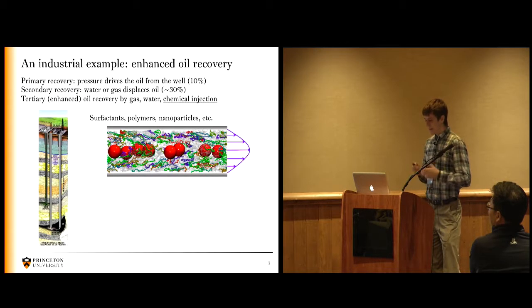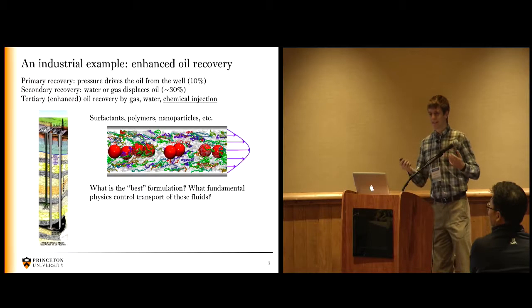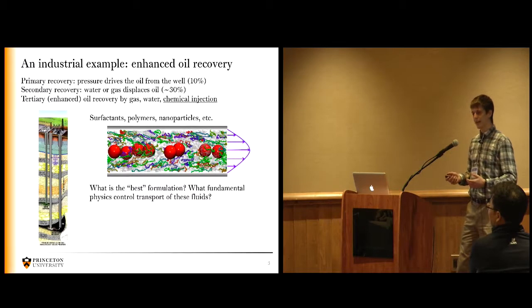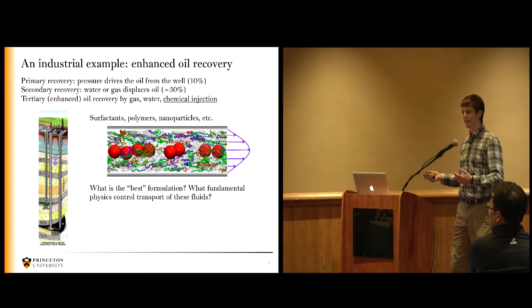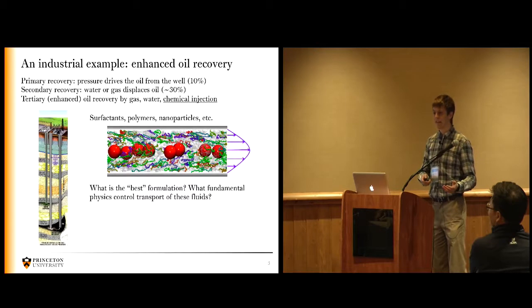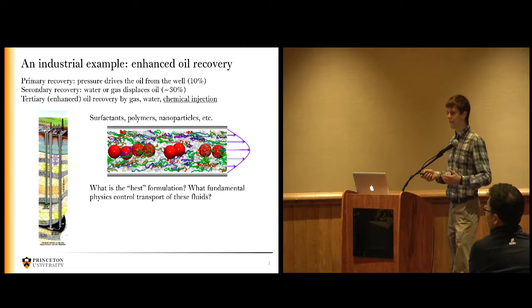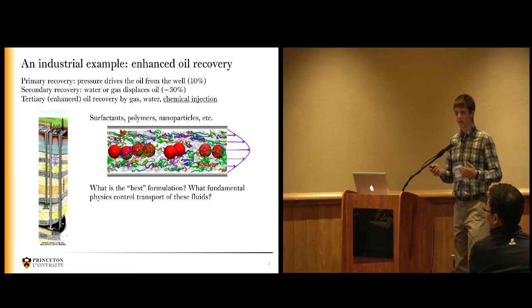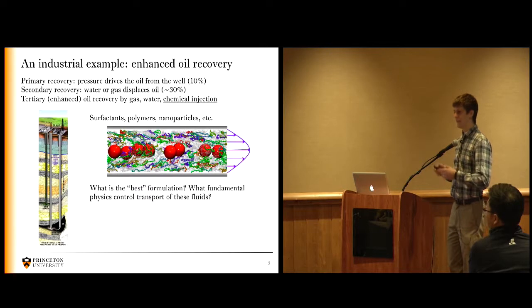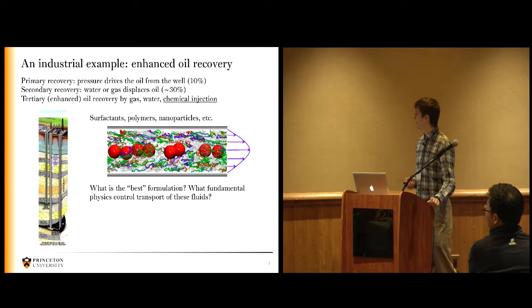The big question in these cases is, what exactly is the best formulation? And also, what are the fundamental physical effects that make one more effective than another and give you the properties that you want? The design space is huge because of the different chemistries possible and the different concentrations and compositions you could imagine.